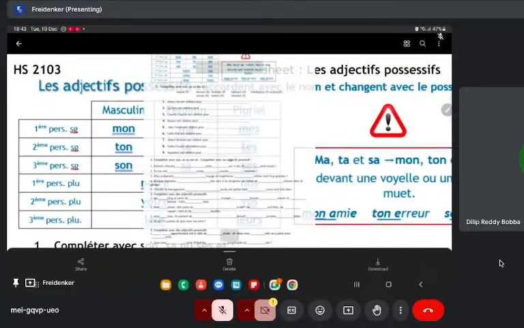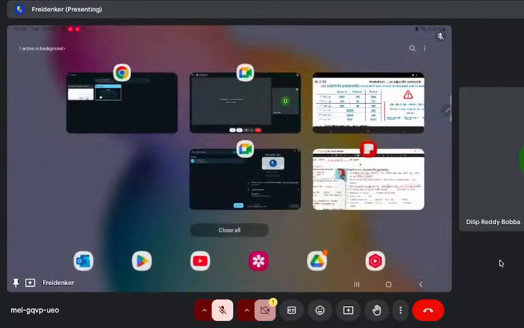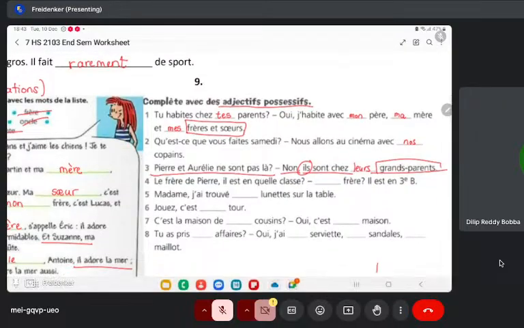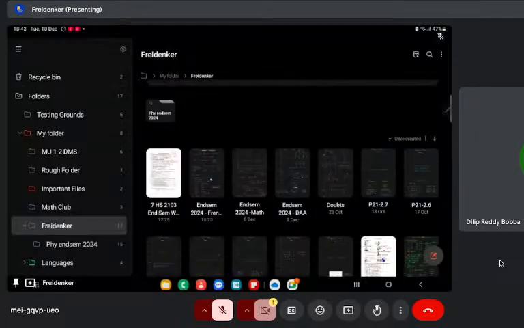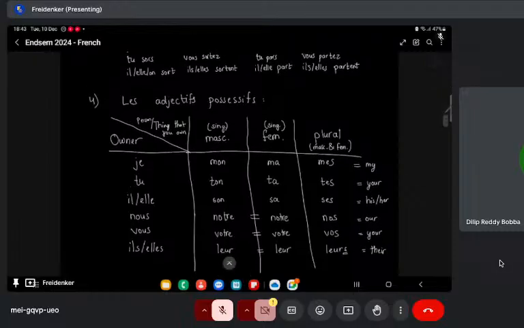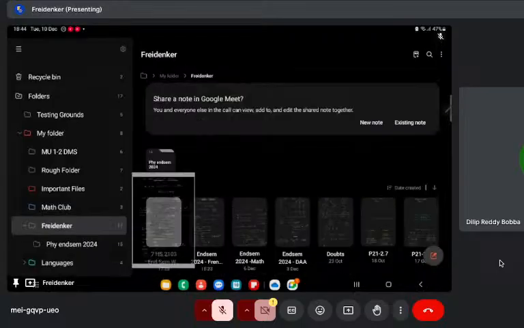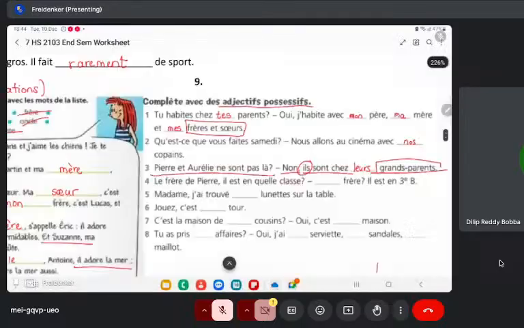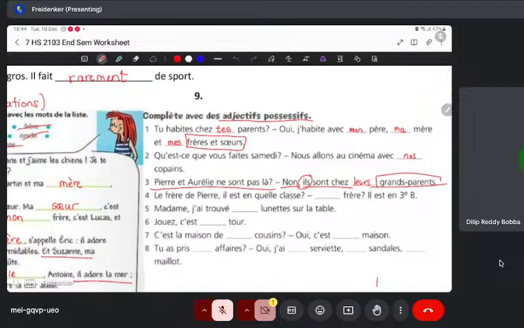He means okay. Let me open my table. My table is better, no? But then it will lag a bit. Who is the owner here? He is the owner, right? So we're talking about his brother, and brother is masculine singular, so SON. So you'll get SON there. So his brother, so SON. So son frère, his brother, he's in third B.